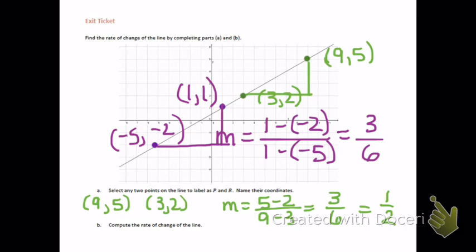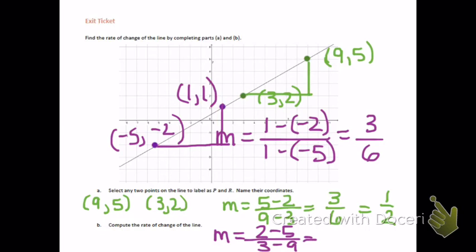And I'm going to show you one more thing, and that's what I would get if I reverse the order of the coordinates. So let's go down here to these numbers. What if I did m is equal to 2 minus 5 over 3 minus 9?